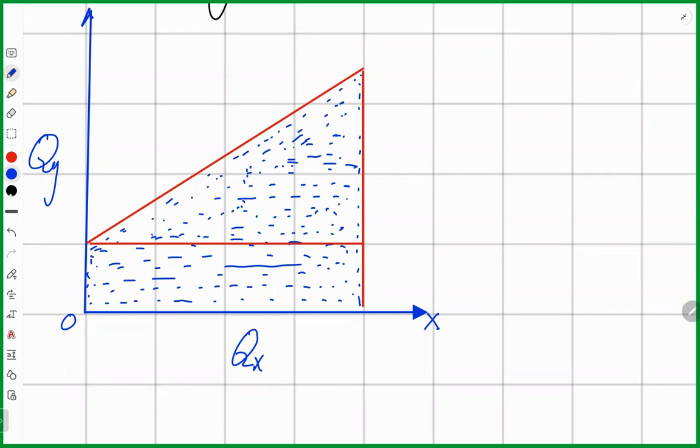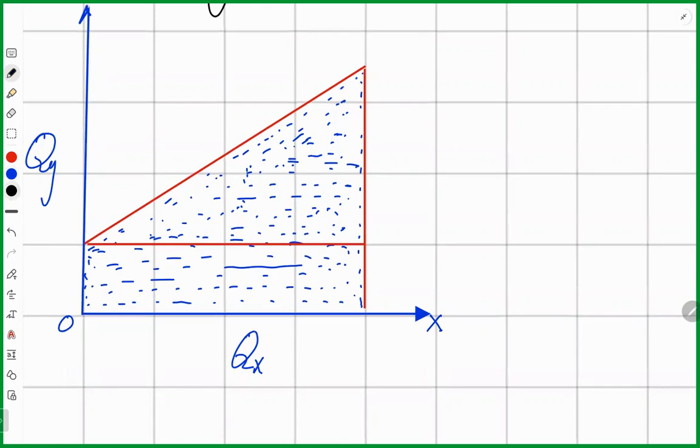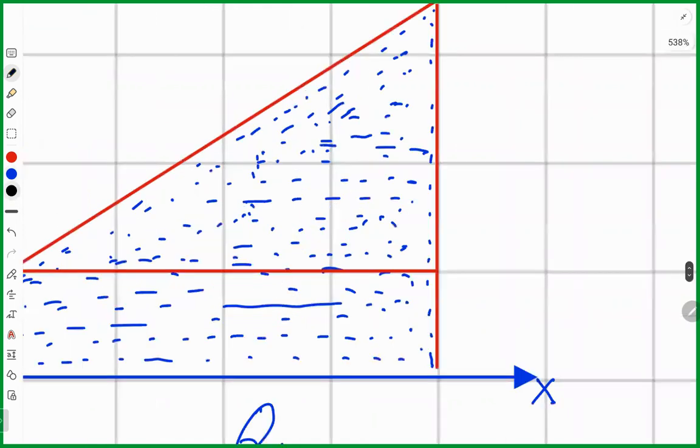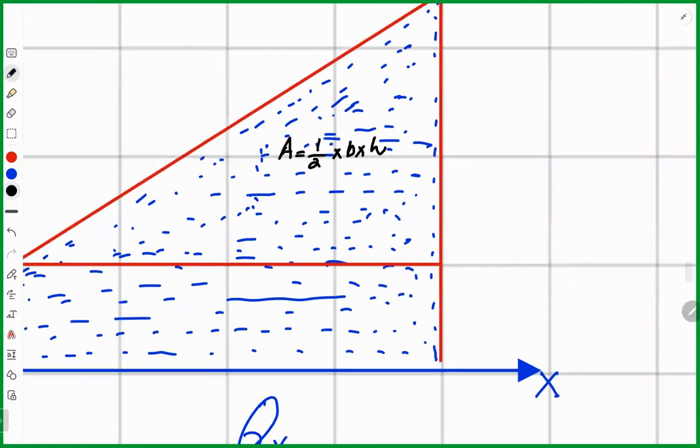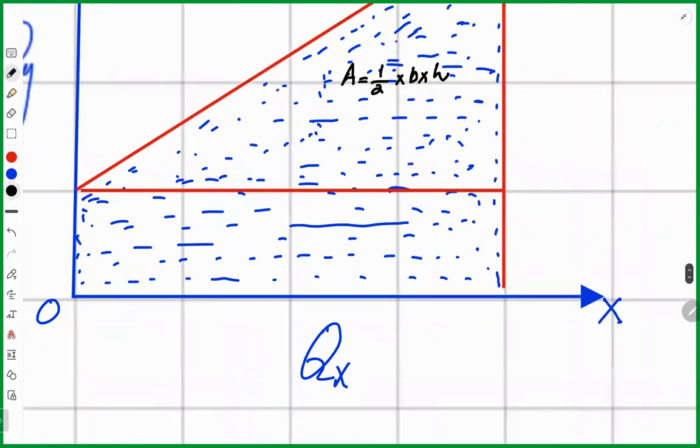So how will you find the area of the triangle? What is the formula for the area of a triangle? Area of a triangle will be 1/2 into base into height, and area of the rectangle will be base into height.